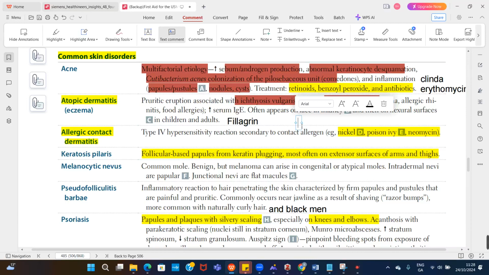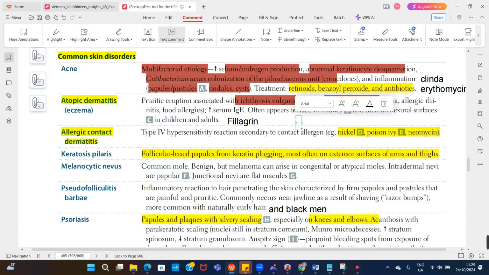And once we have our filaggrin, we don't have water escaping from our skin abnormally. So the epidermal barrier is intact and is not permeable to entry of microbes. In people with atopic dermatitis, they have a problem with filaggrin. So water escapes, and when water escapes, the skin becomes dry.